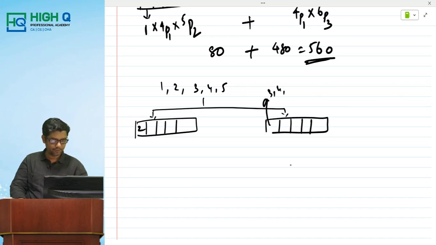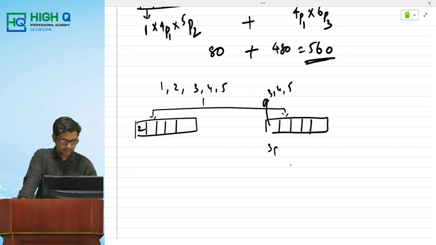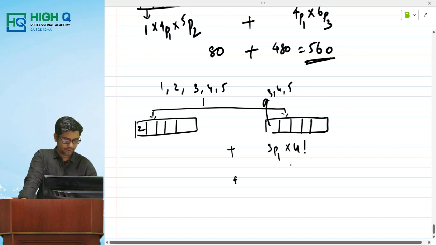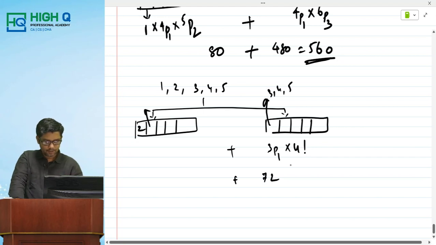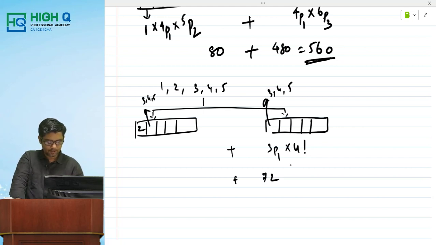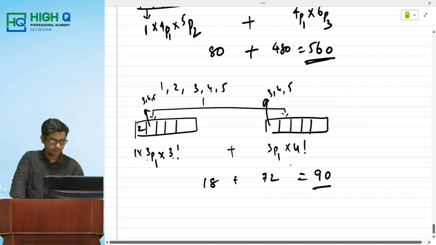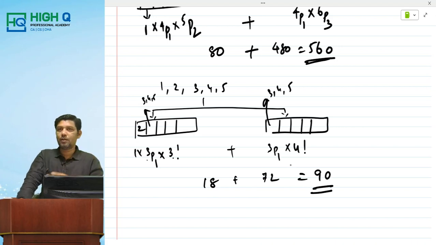First digit 3, 4, 5: 3P1 into 4 factorial, 3 into 24, 72. This should be 3, 4, 5: 1 into 3P1 into 3P3, 3 factorial. 6 3s are 18. Ah, 90. 5184.